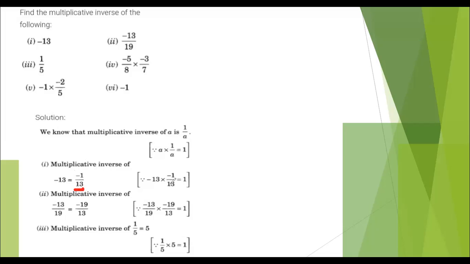Here is the explanation displayed for you. We have multiplied it by minus 1 by 13. But 13 and 13 get cancelled. Minus into minus gives plus and we are left with 1. So that's how we get minus 1 by 13. So the multiplicative inverse of minus 13 by 19 is minus 19 by 13.